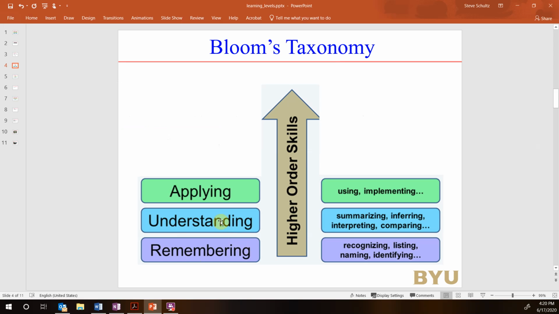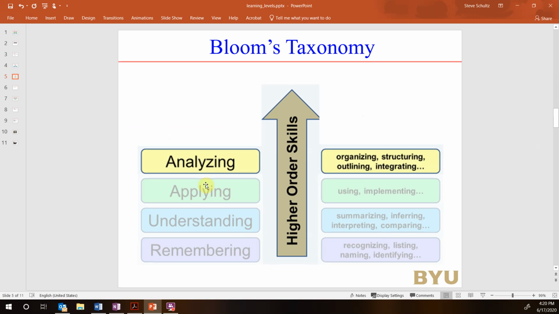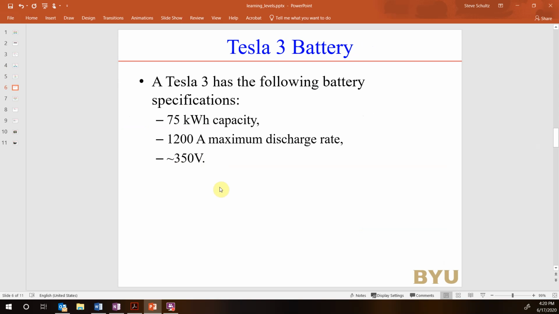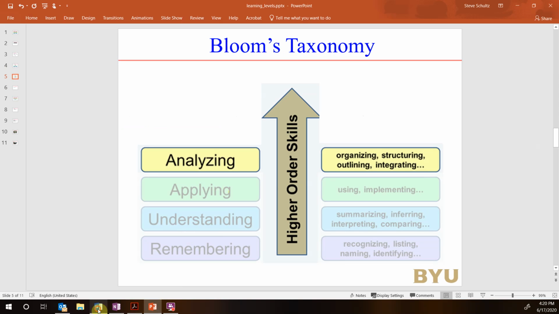Now we're going to go up to the next level. We want to get into this analyzing part. So we're going to grab our next part.